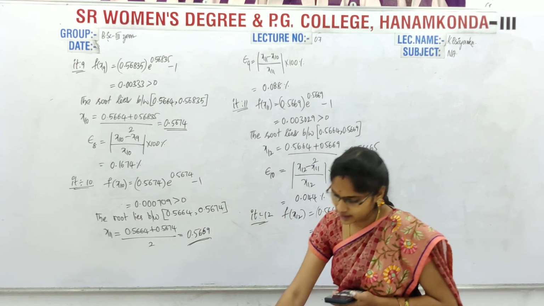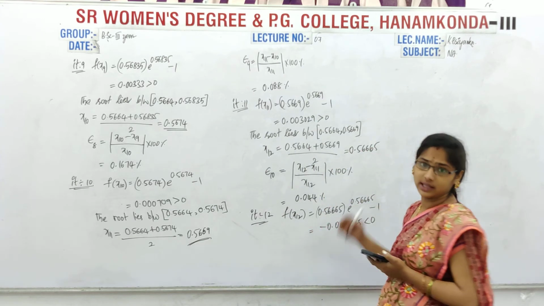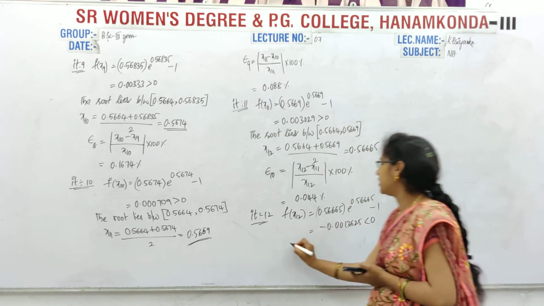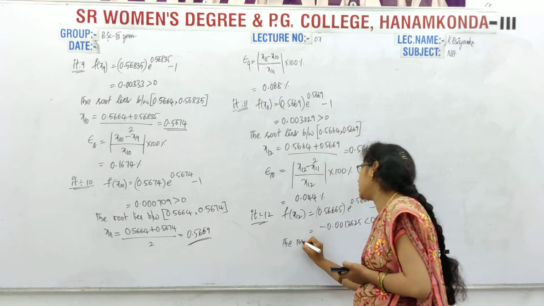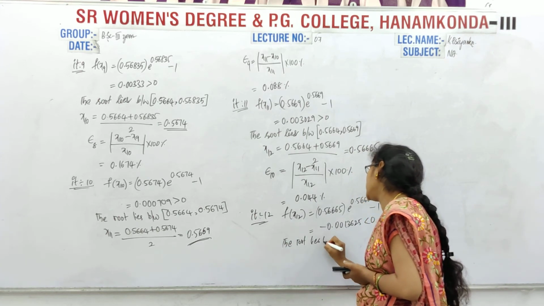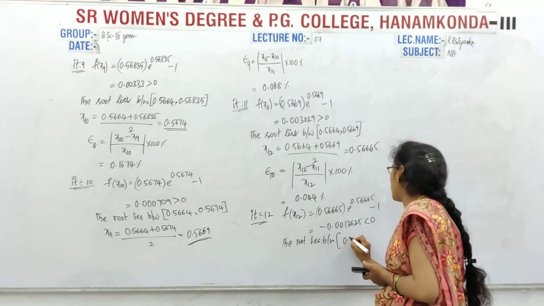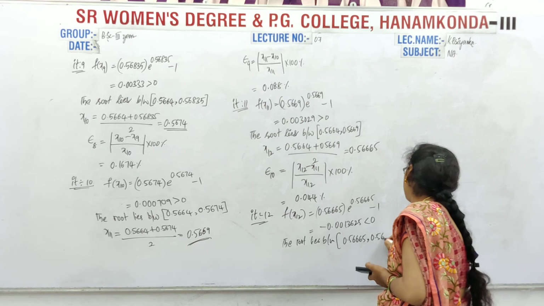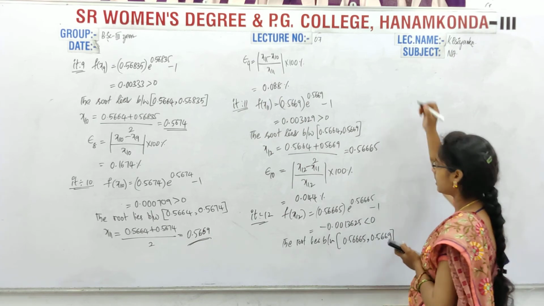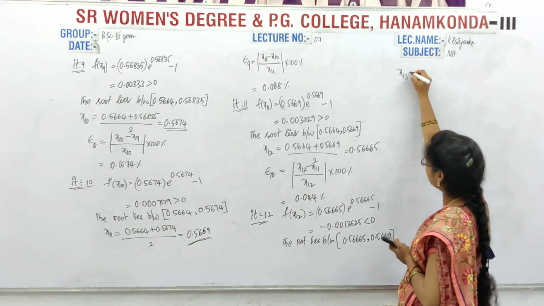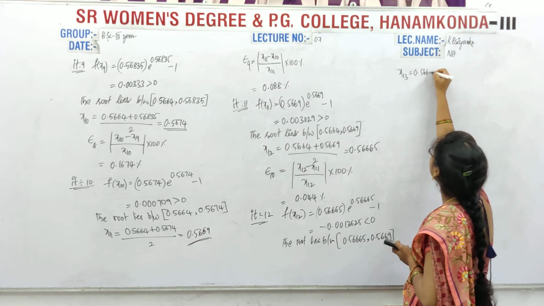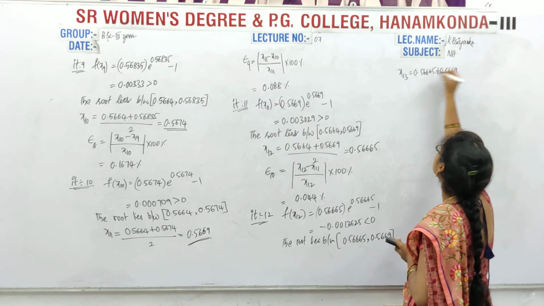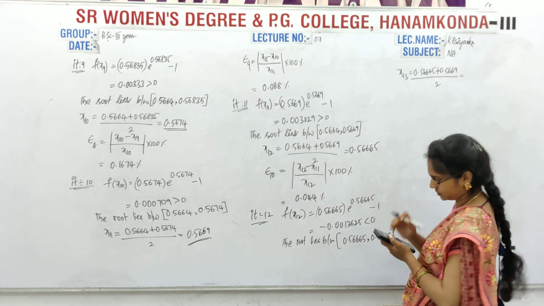So now here what do we have to do? The value is nothing but negative. Now the root lies between 0.5665 comma 0.5669. Now we have to calculate x13: 0.5665 plus 0.5669 by 2.